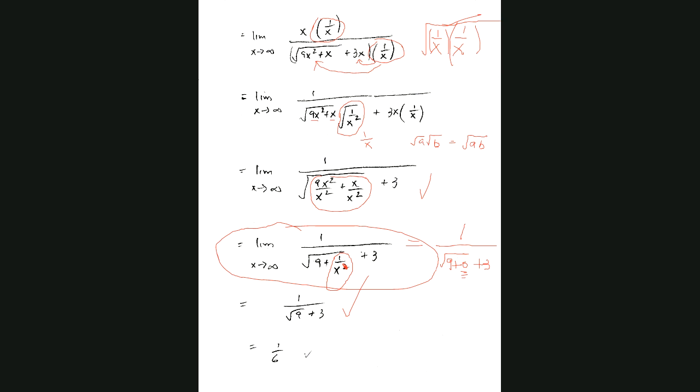But we want to do it mathematically if we can. All right, are there any questions before we move on to the next example? All right, very good. Well, we will move on.